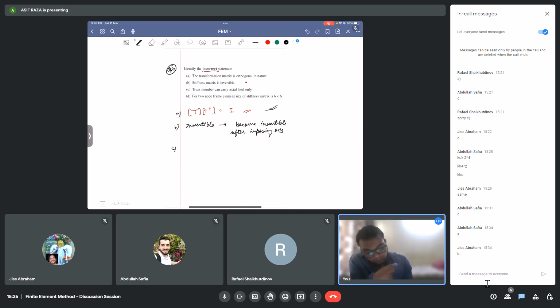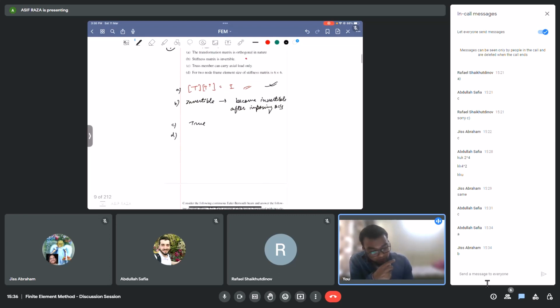A truss member can carry axial load only. That's true. And for a two node frame element, the size of the stiffness matrix is 6 by 6. For a general two node element, the degrees of freedom are U1, V1, U2, V2, and theta 1, theta 2.